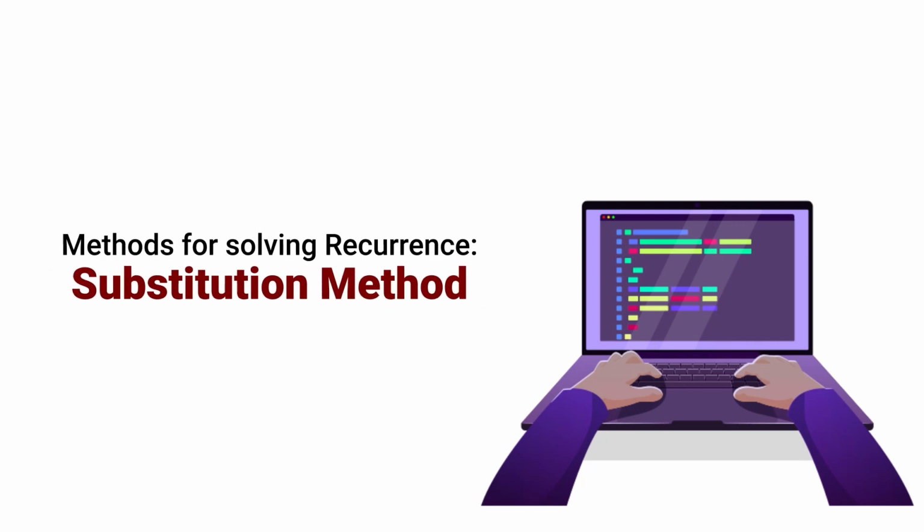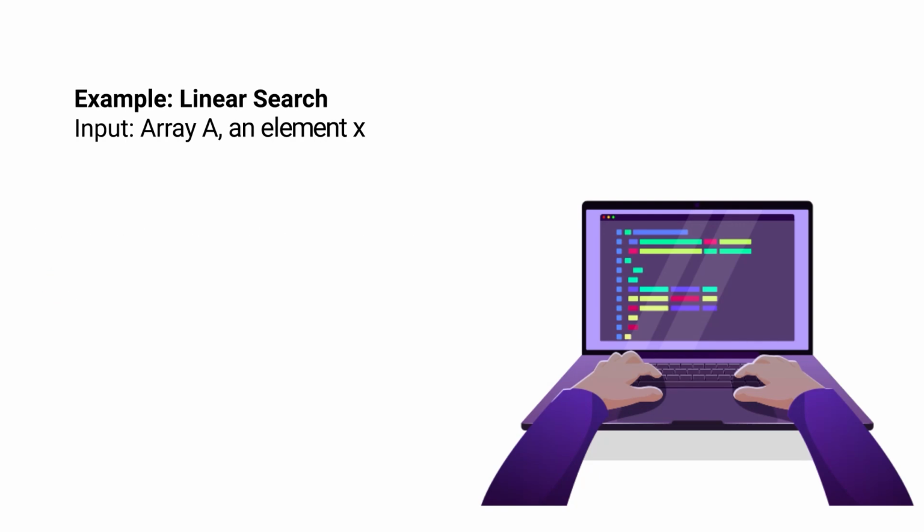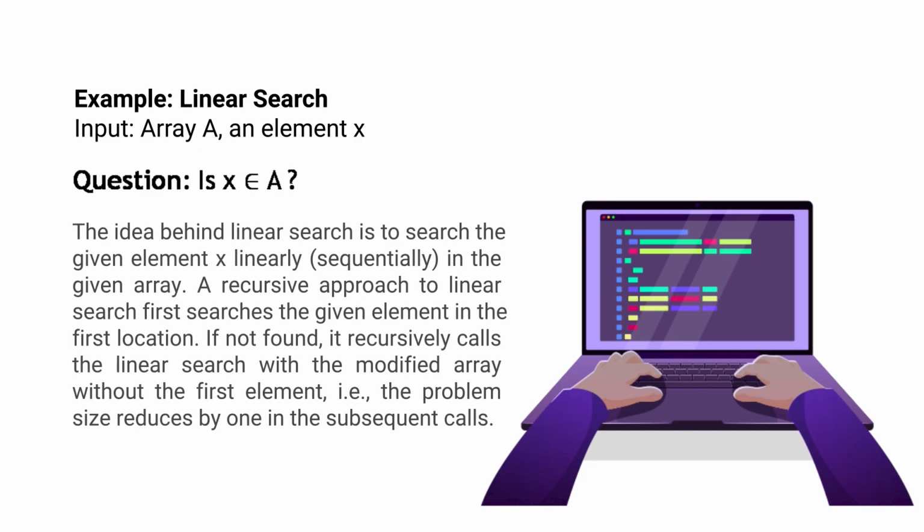The first method I have taken is the substitution method. One example I have taken is linear search. For linear search, we use the input array A and the element to be searched, that is element x, and the question is whether x belongs to A, that is, whether the element belongs to the array or not. The idea behind linear search is to search the given element x linearly, that is, sequentially in the given array.